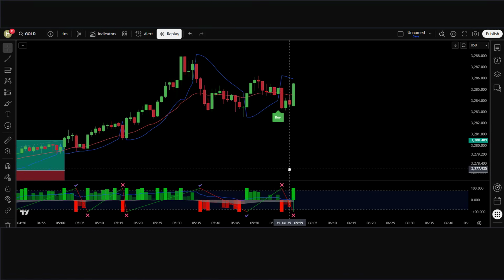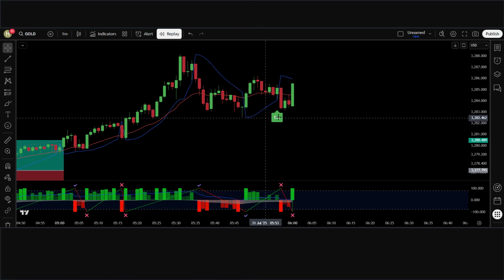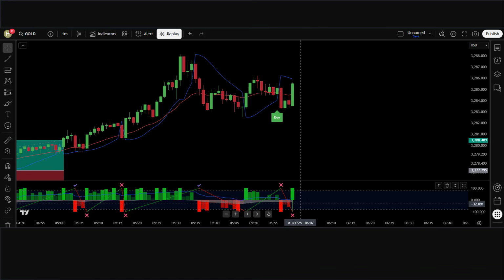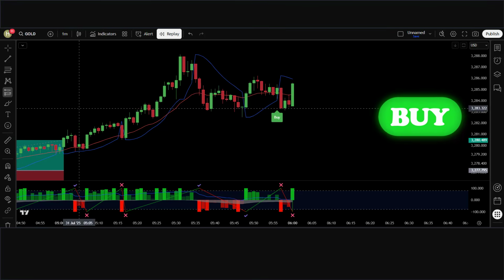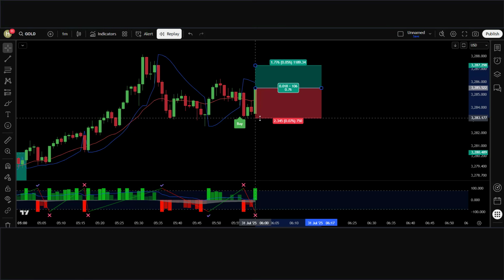We have got the signal. Here the SAR plus RSI plus EMA's indicator gives us buy signal. The market has made a bullish candle to give confirmation. The columns of Super Trend Oscillator indicator is green. So all our conditions are being fulfilled, so we are placing an order to buy. Our stop loss will be placed at the current market's lower level.